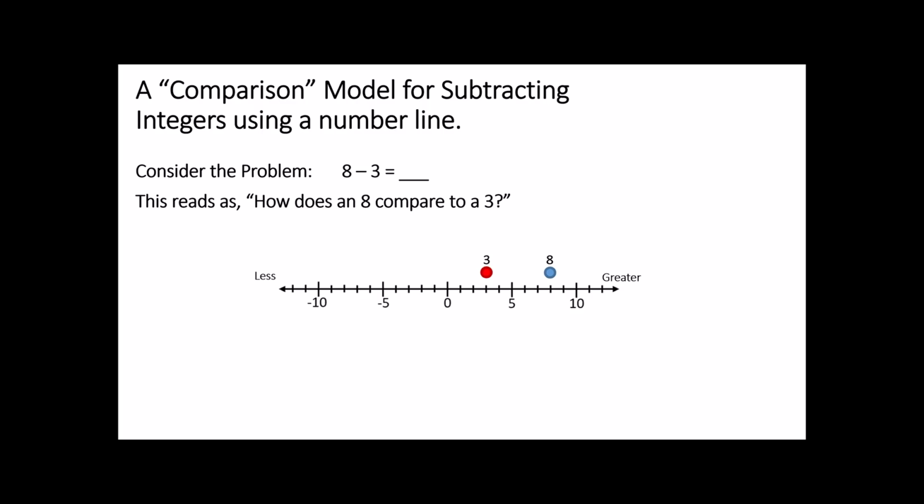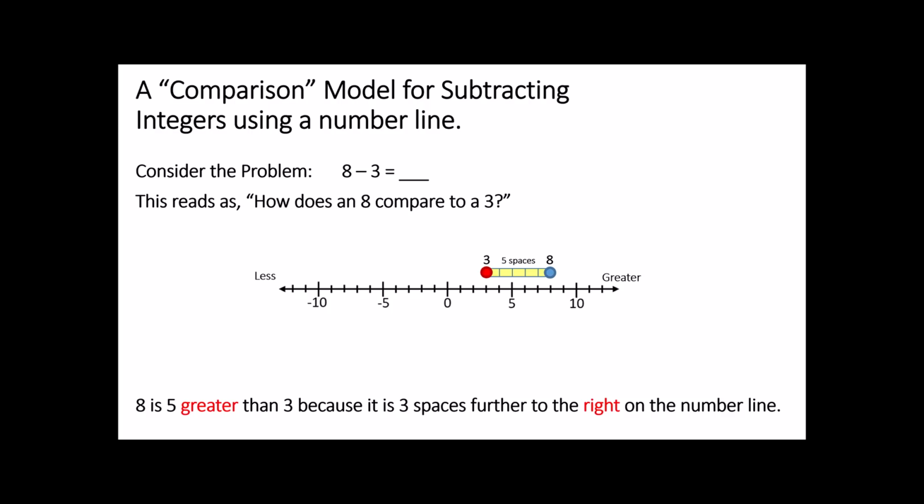Now, when I look at this and I compare the location of the 8 and the location of the 3, I find that there are 5 spaces that lie between them. Well, that tells me that the 8 is 5 spaces farther to the right, or 5 spaces greater. 8 is 5 greater than 3 because it is 5 spaces further to the right on the number line.